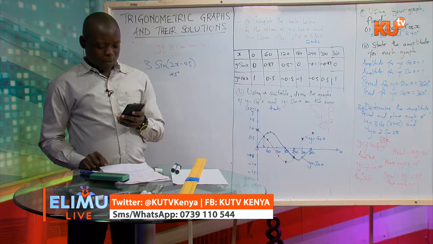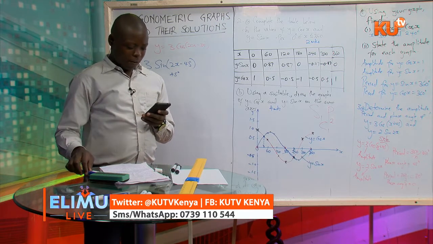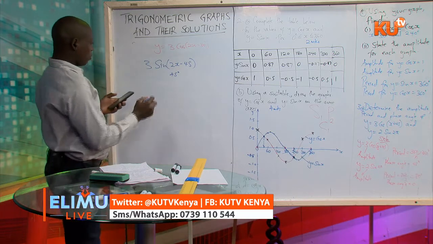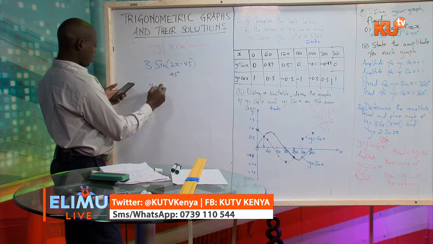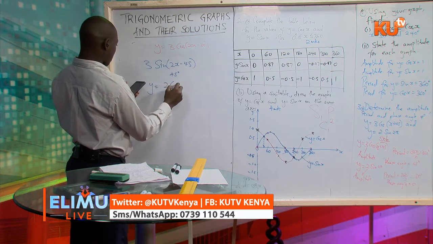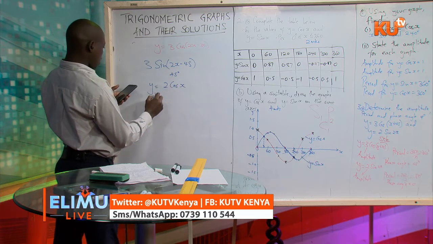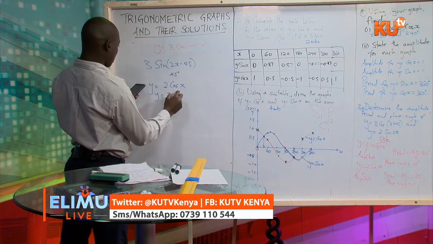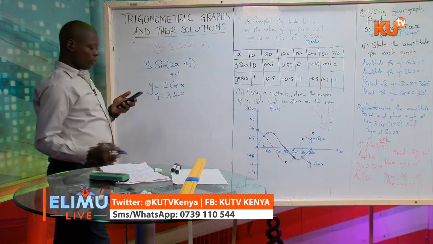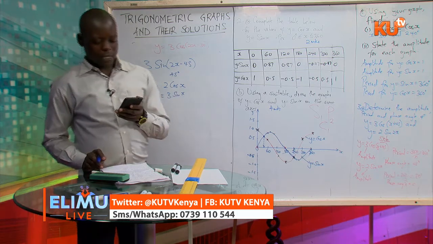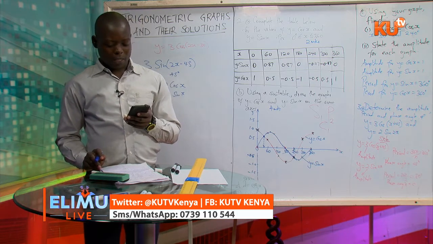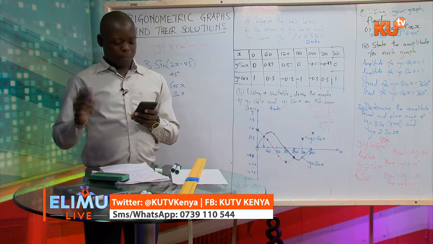This is Emmanuel from Kisumu. When given y is equal to 2 cos x and y is 3 sine x, then you are told to draw the graphs and use the graph to determine the values of x when 2 cos x minus 3 sine x is 0.